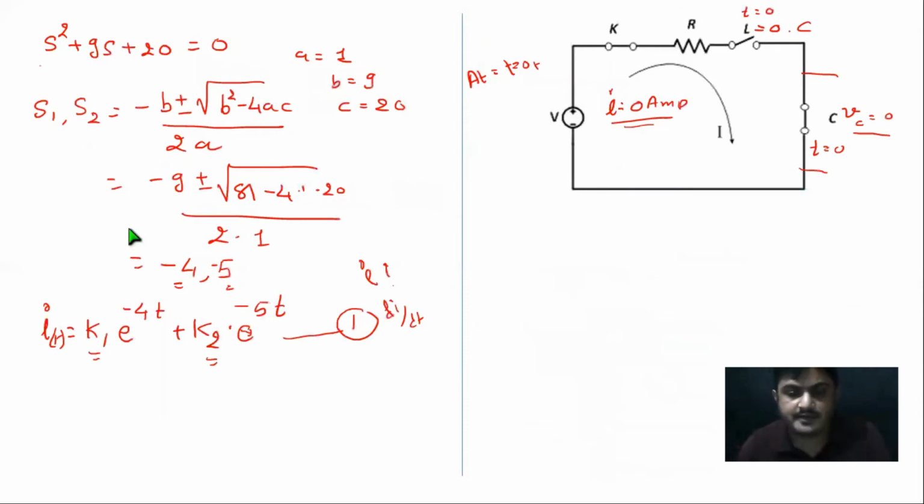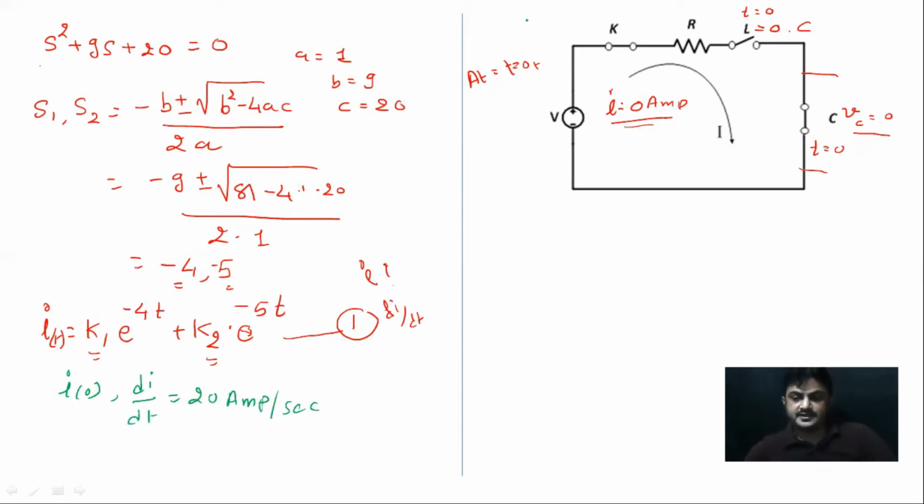So now I have two conditions at time t equal to 0: my current I is equal to 0, and di by dt is equal to 20 ampere per second.